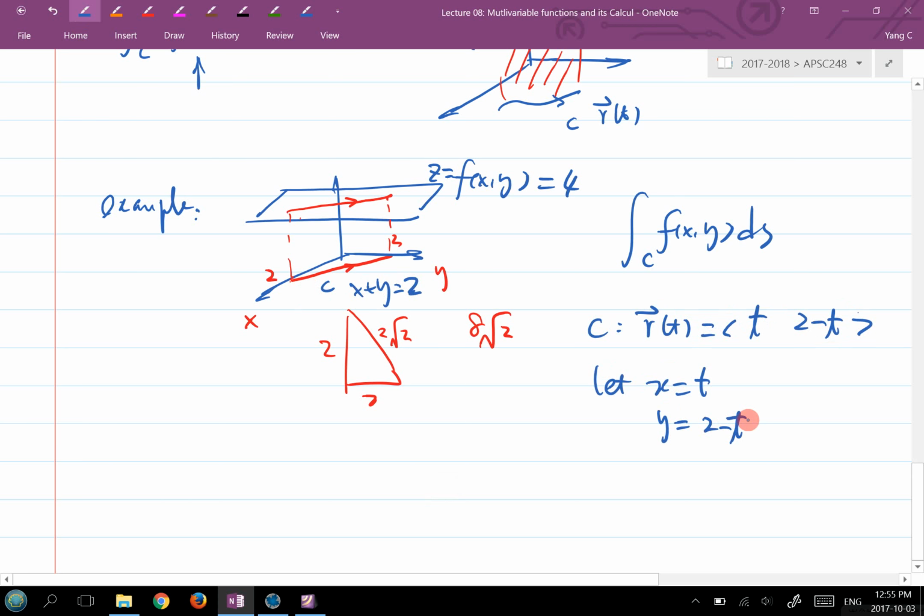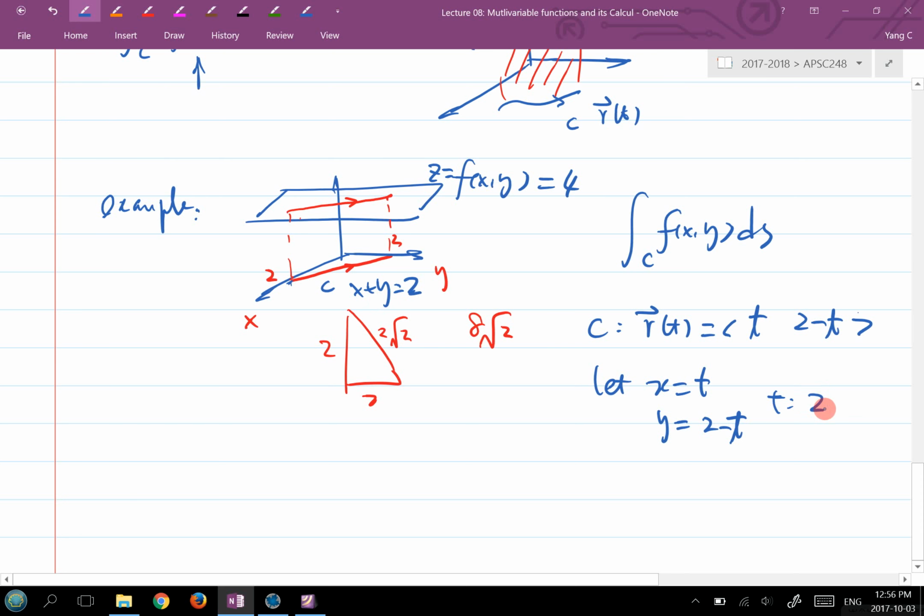And what's the range for the t in this case? It goes from one end to the other end. Initially x equals 2, so I guess I should let t equal to 2 initially.